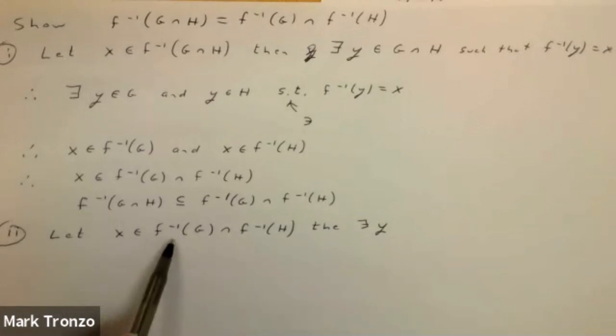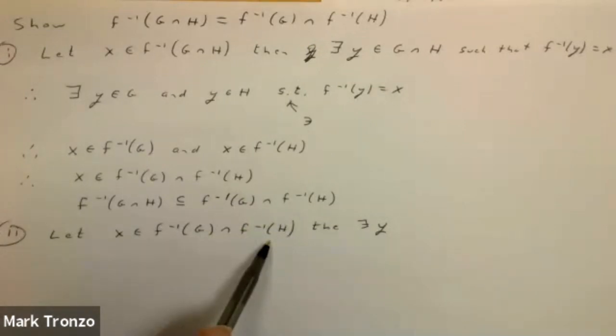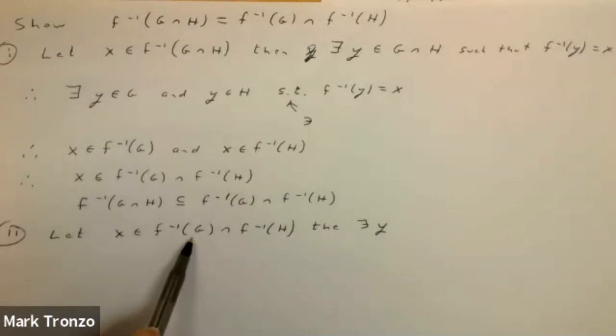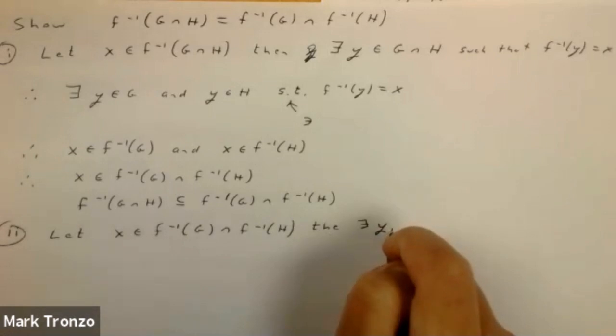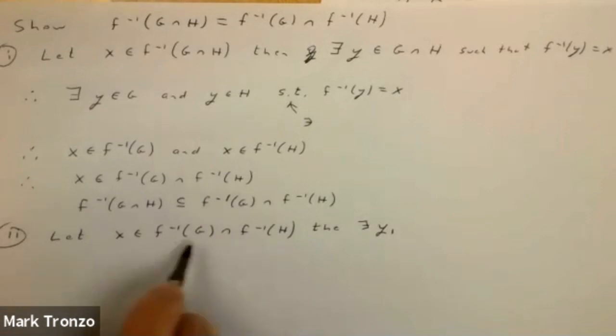This says that x is in the inverse here and the inverse here. So something in G produced the x, something in H produced x. We can't be sure it's going to be the same y yet. We'll be able to say for sure in a minute. We have to be careful that we don't just assume that right now, because this is a little bit different from what we had before, because these are already separate.